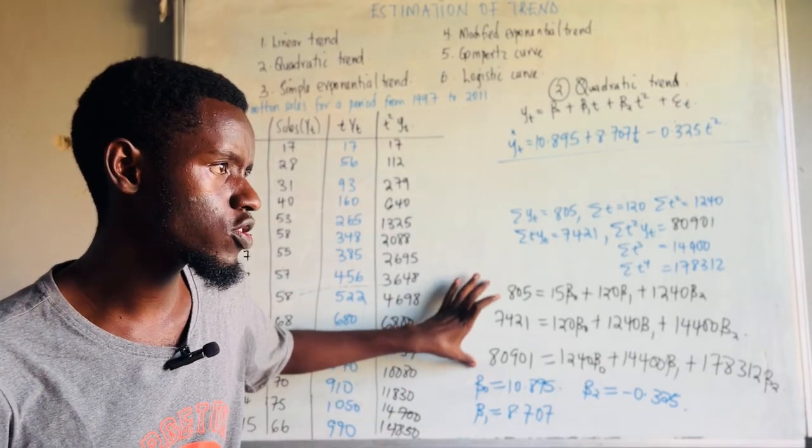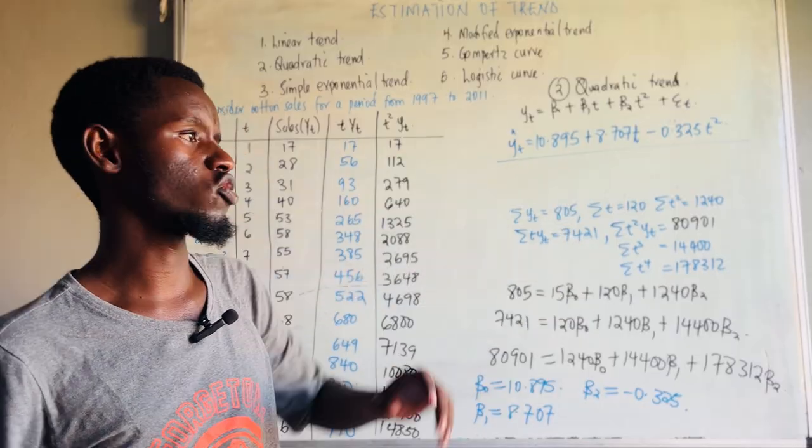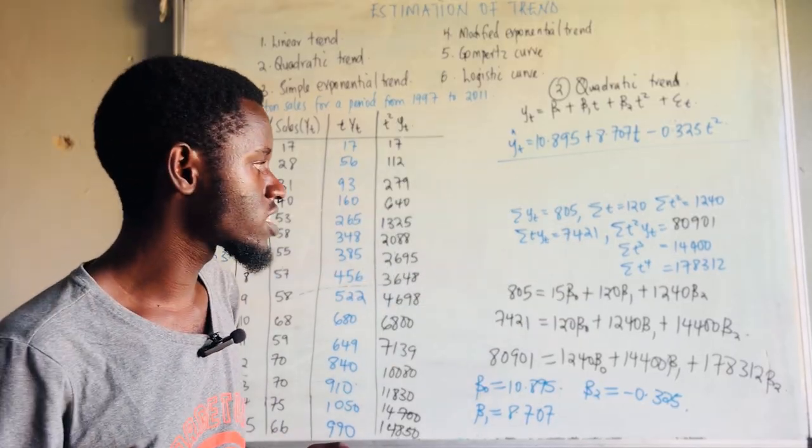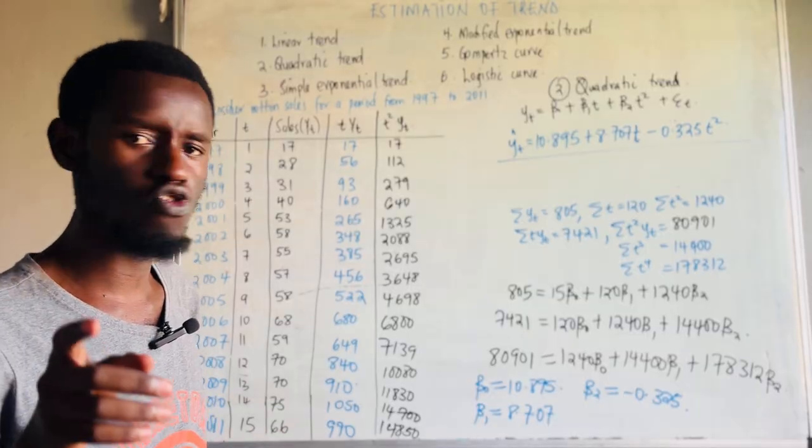Because I think we just know how to form these three equations. You have the three equations. What does the calculator give? Beta 1, beta 2. Let me first take you through.